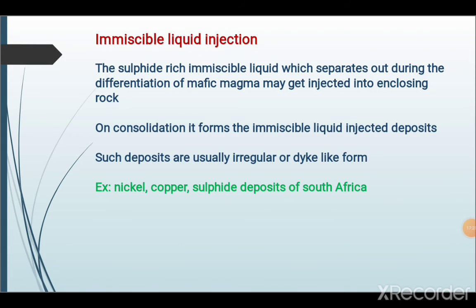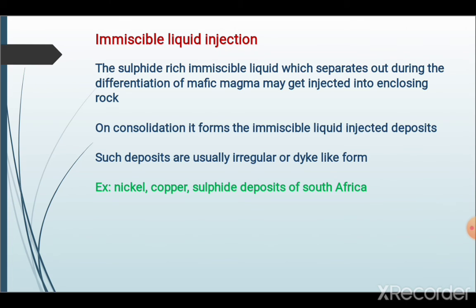Another process in late magmatic deposits is immiscible liquid injection. What is immiscible liquid injection? The sulfide-rich immiscible liquid which separates out during the differentiation of mafic magma gets injected into the enclosing rock.